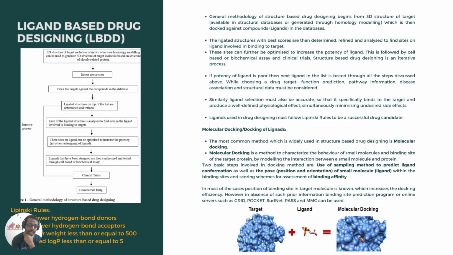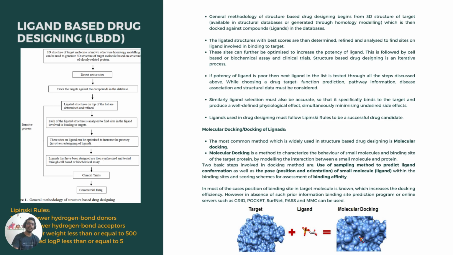These Lipinski rules are: five or fewer hydrogen bond donors should be there in the ligand. Second, 10 or fewer hydrogen bond acceptors should be there. Molecular weight should be less than or equal to 500, and calculated log P should be less than or equal to 5.